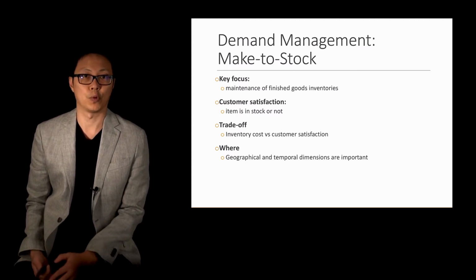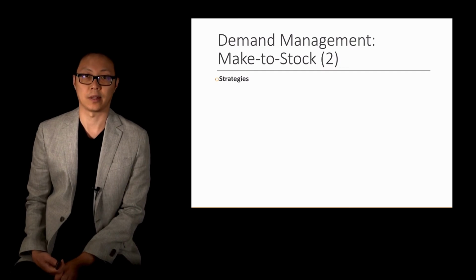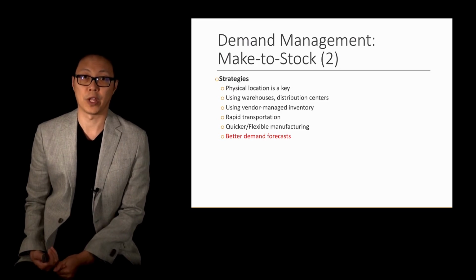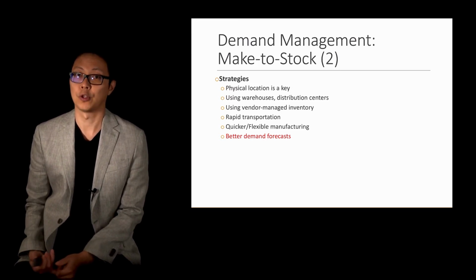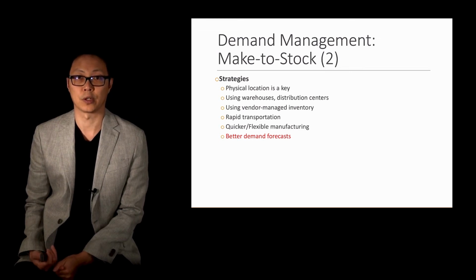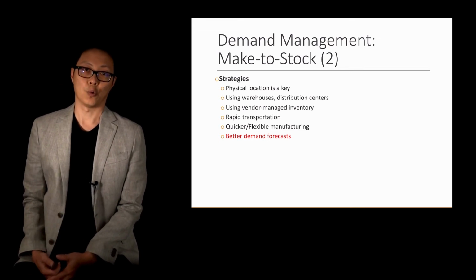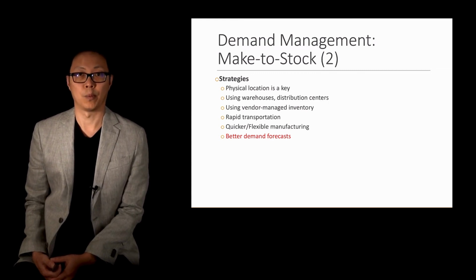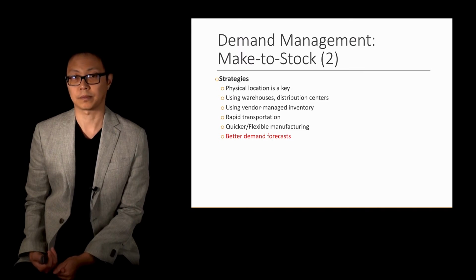For example, we can use warehouses and distribution centers to replenish the store inventory much quicker. We can also rely on a vendor-managed inventory system to get a better forecast and try to shift the inventory risk to the supplier. We can also try to build a better logistic network. Also, most importantly, we can try to get a better demand forecast.